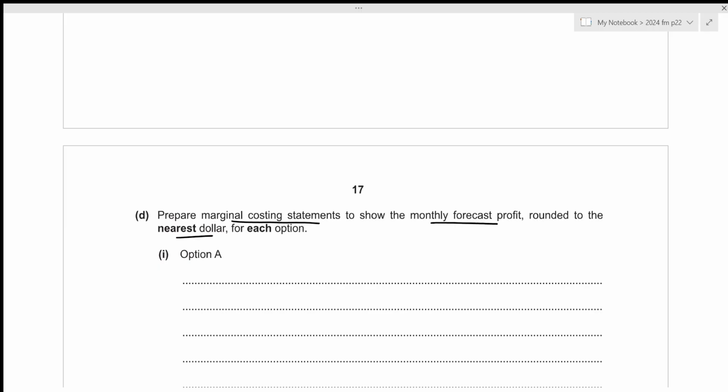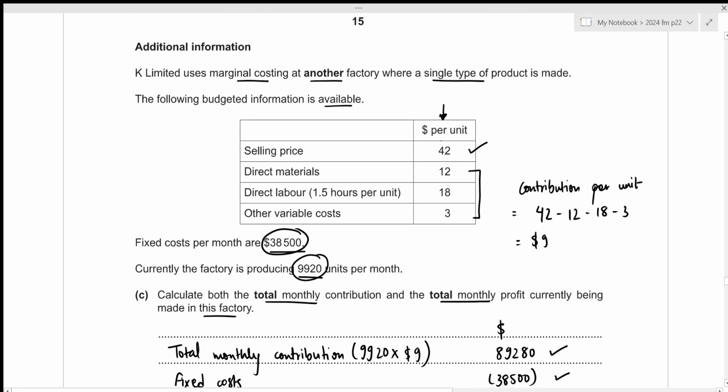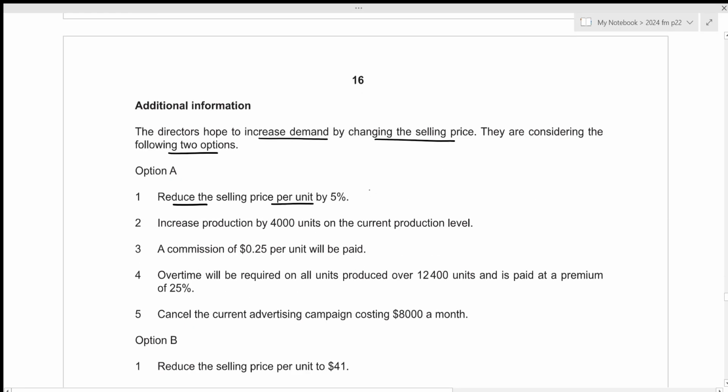So let us first go over the information for option A. We now need to reduce the selling price per unit by 5%. So the previous selling price per unit was 42. Now the new selling price will be 42 reduced by 5%. This results in the value of 39.9.